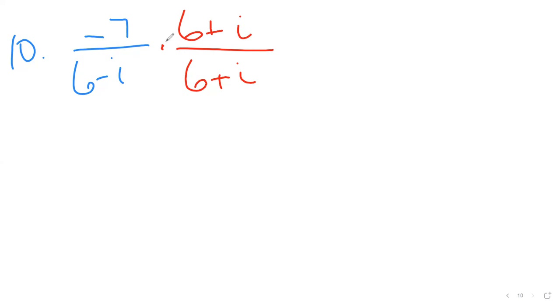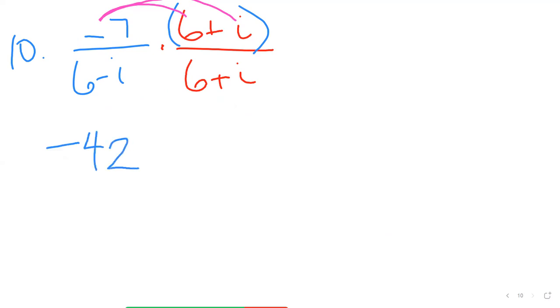Think of it as a grouped operation like this. So as we multiply negative 7 times these terms, we want to think of it like distribution. Negative 7 times 6 gives us negative 42, and negative 7 times i gives us negative 7i over.